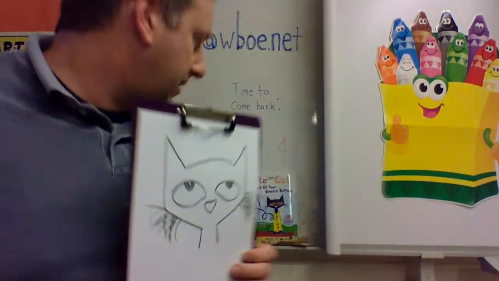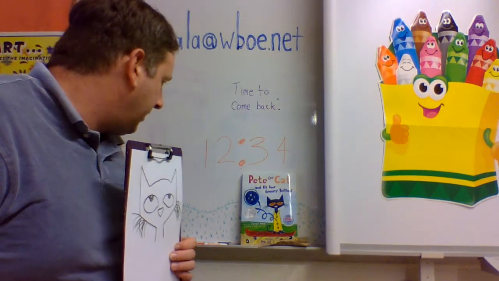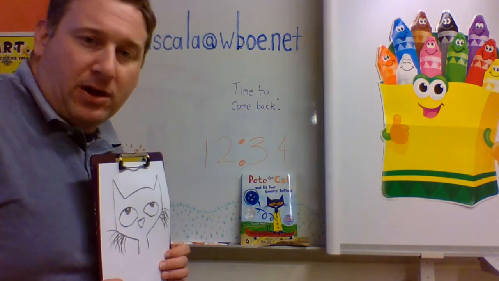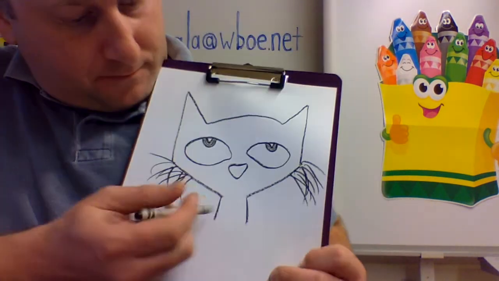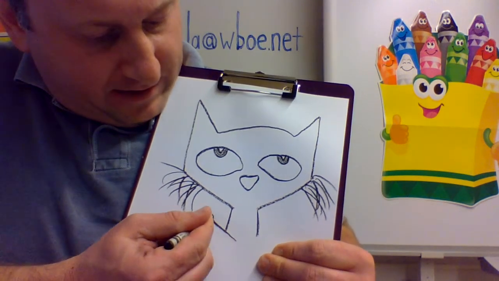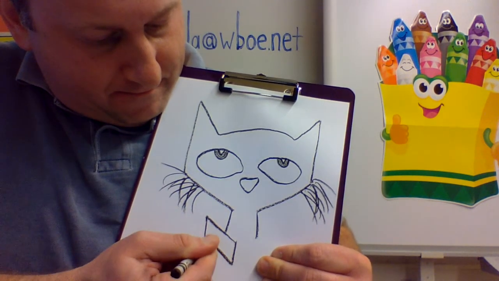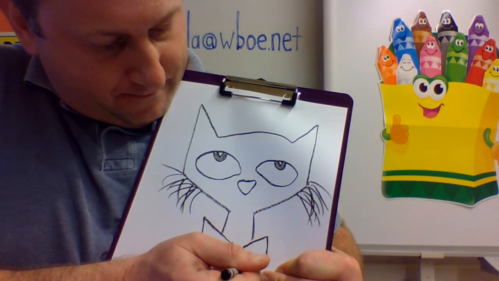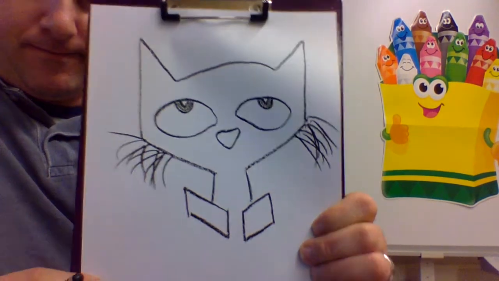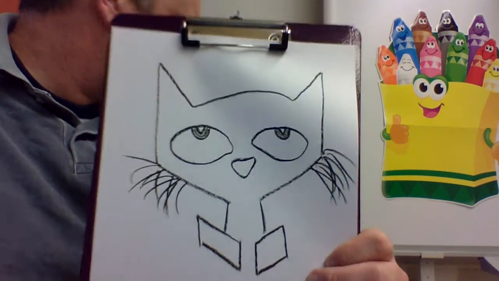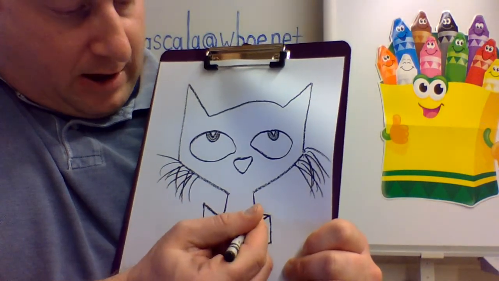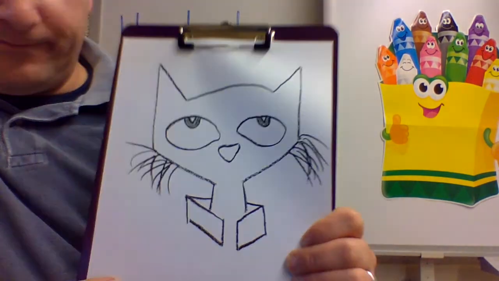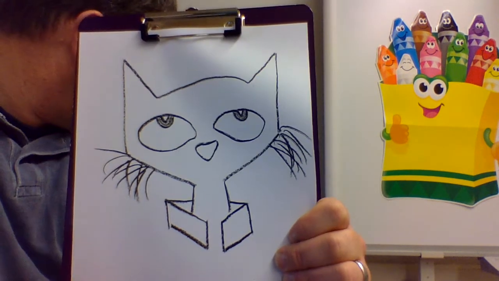Okay. Now if we take a look, this is where the rhombus will come into play, all right? We draw a rhombus here and a rhombus here. Draw a line for the back of the shirt on each side.